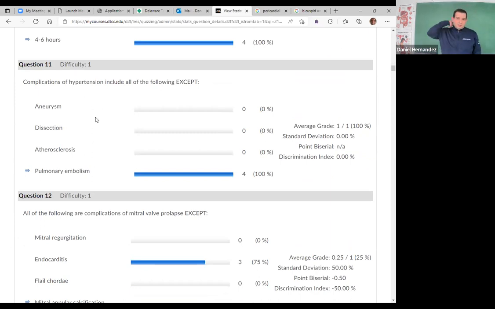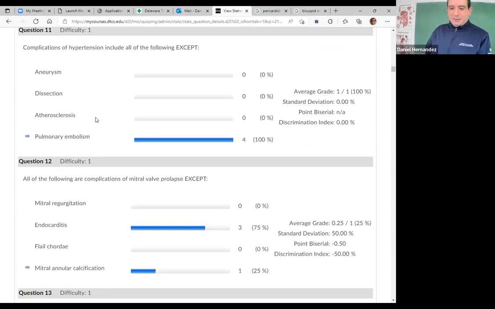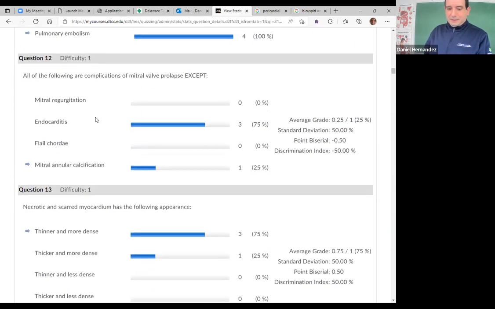Complications of hypertension include all the following, except, you guys got that right. All the following are complications of mitral valve prolapse, except. Patients with mitral valve prolapse are more susceptible to developing endocarditis.